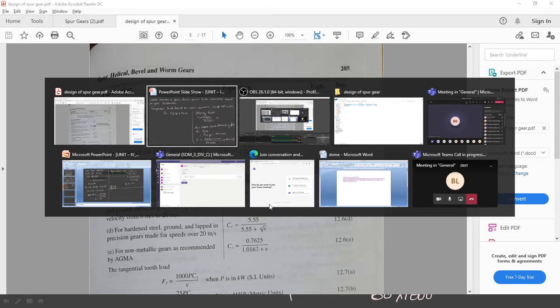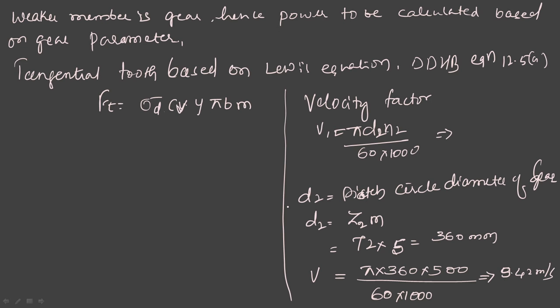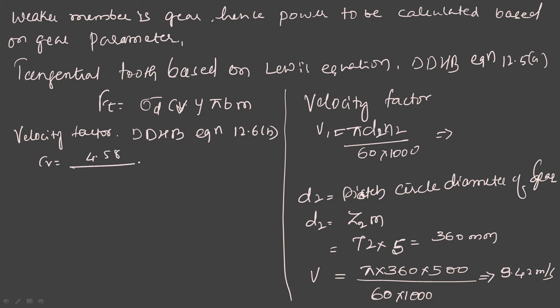So now, referring equation number 12.6b, velocity factor. Referring design data handbook equation number 12.6b, Cv equal to 4.58 divided by 4.58 plus v. Now this is 4.58 divided by 4.58 plus 9.42.